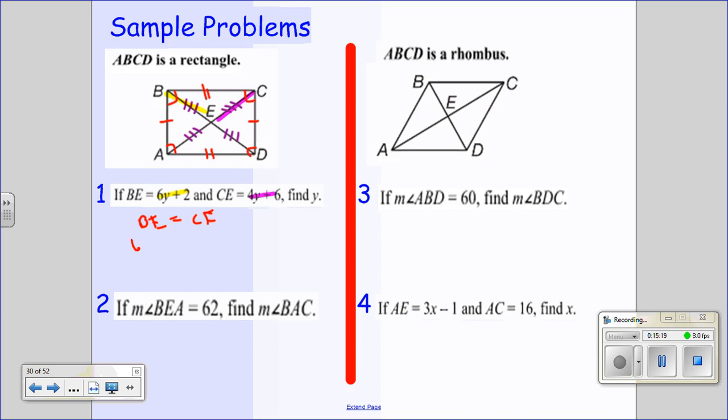So that means 6y plus 2 equals 4y plus 6. And now I can find y. I would subtract 4y, get 2y plus 2 equals 6. Subtract 2, I would get 2y equals 4, and then divide both sides by 2. So y equals 2.